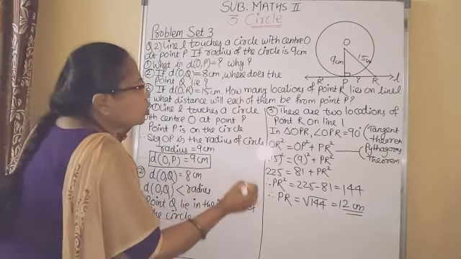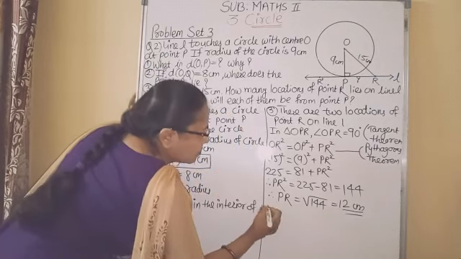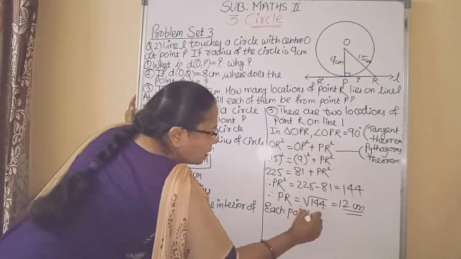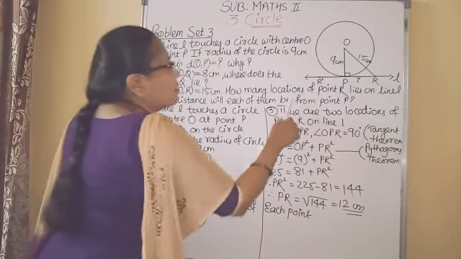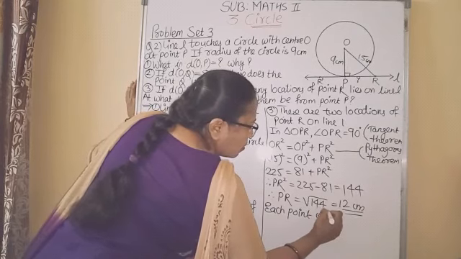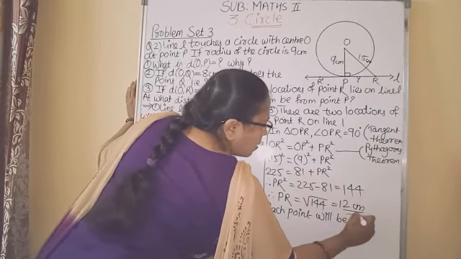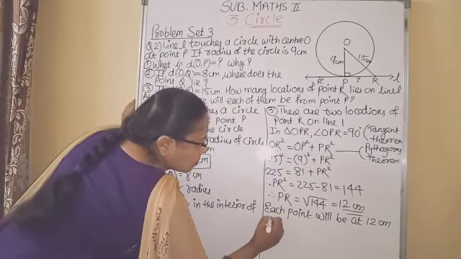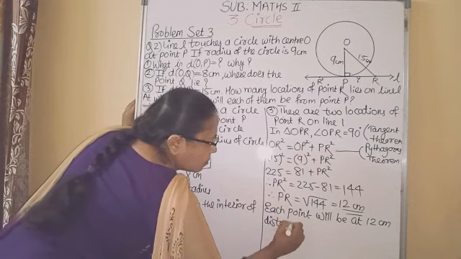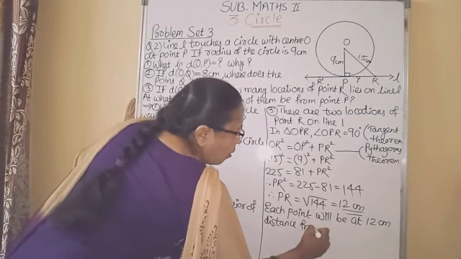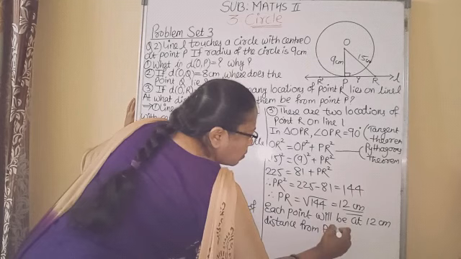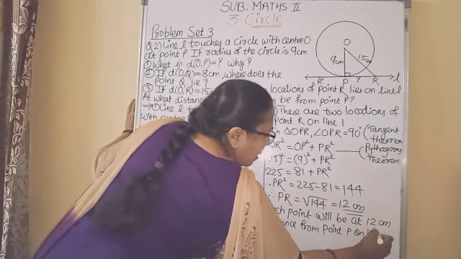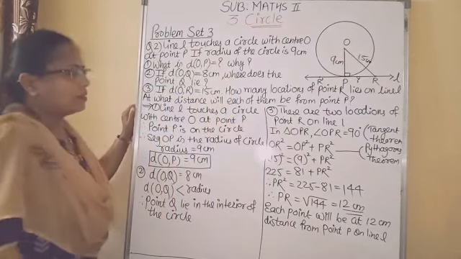So each point will be at 12 centimeter distance from point P on line L.